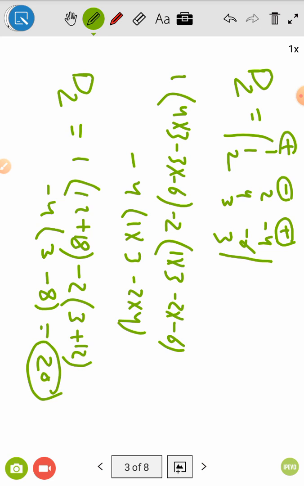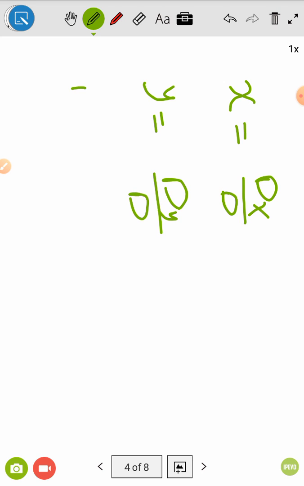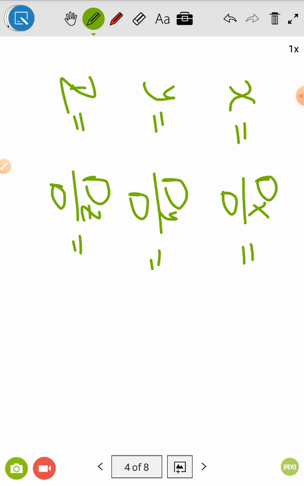After you get the determinant of the variables and the determinant of x, y and z, you can get easily x equals Dx over D, y equals Dy over D, z equals Dz over D. Dx negative 10 over D 5, answer will be negative 2.